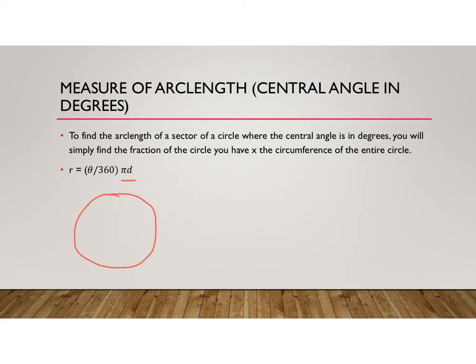So if I have a circle like this, let's say my radius is 3 inches, and I'm talking about, let's do 90 degrees again. So then my arc length would be 90 over 360 times pi times d, which would be 6 pi.